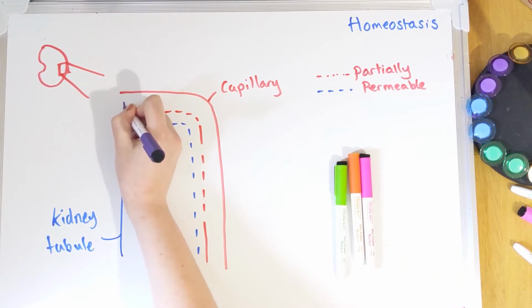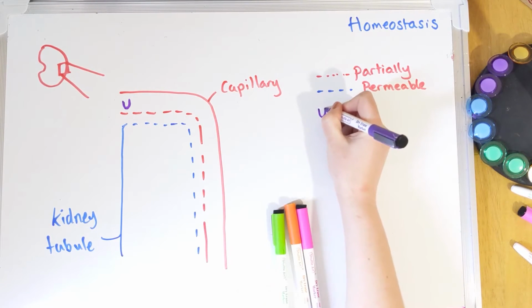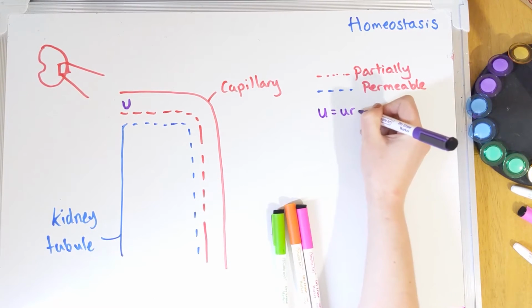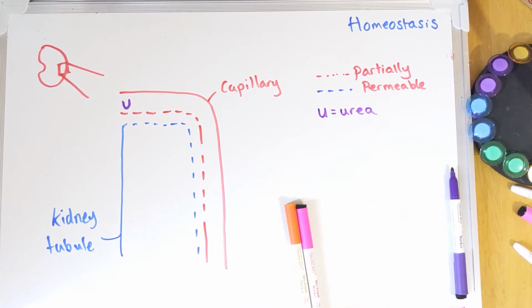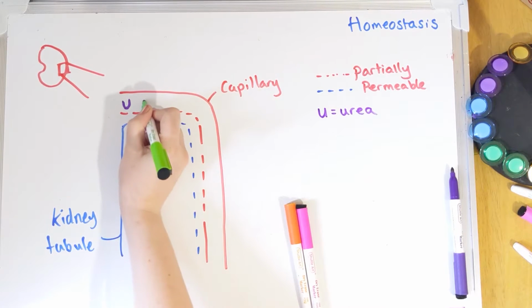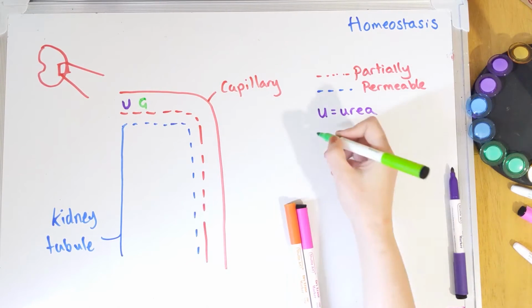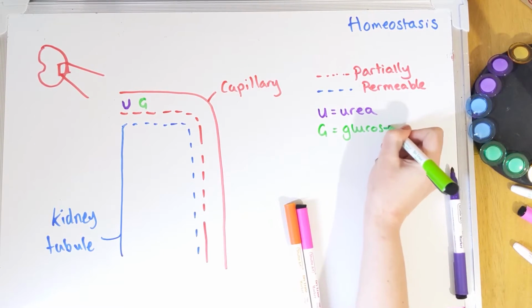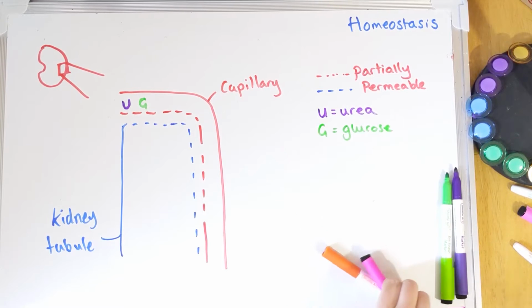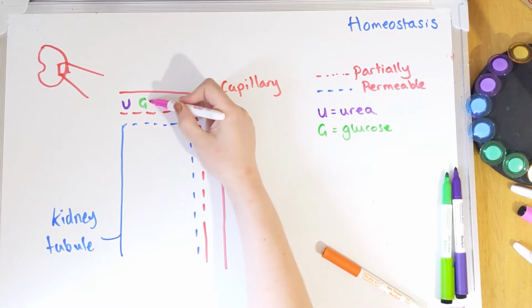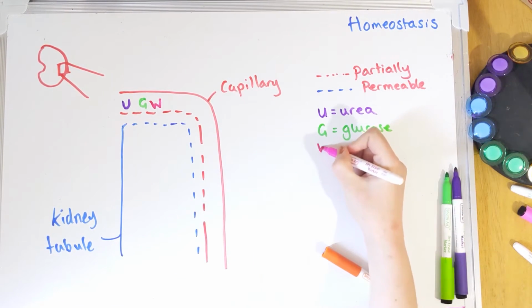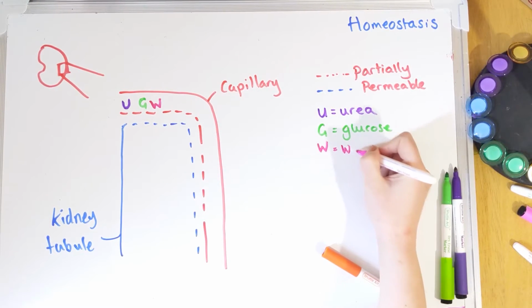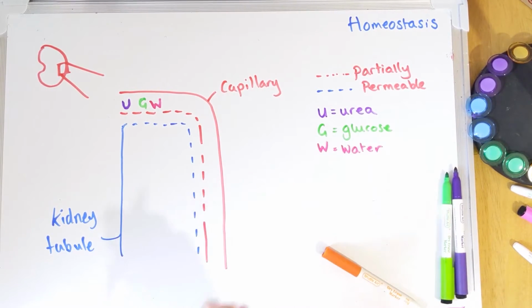We've got urea, which I'm going to have as like a little purple U. We've got glucose. We have water. And lastly, our ions.